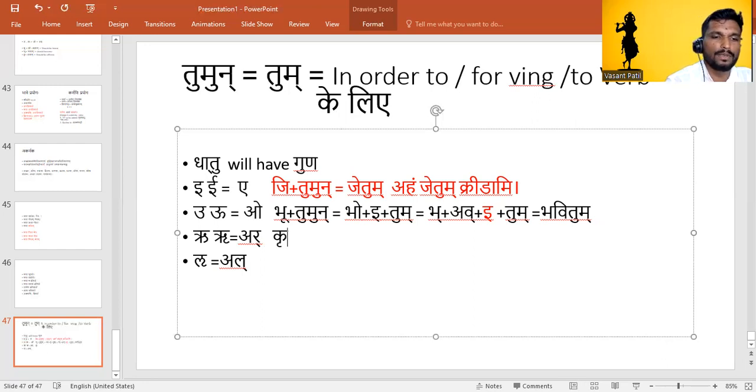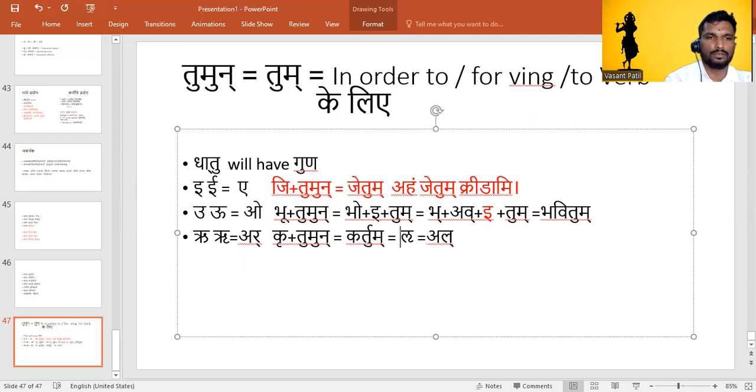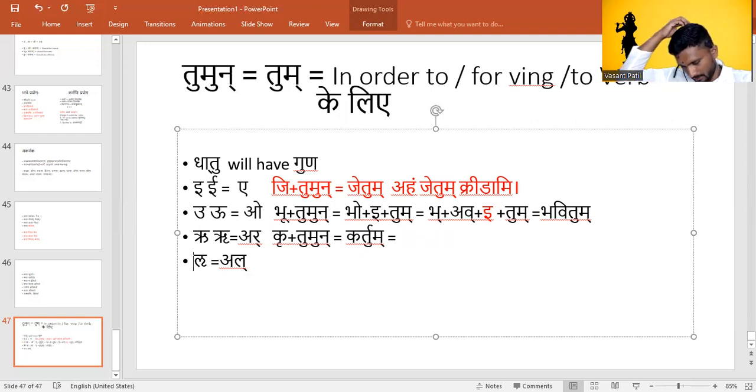Kru dhatu plus tumun pratyaya. It will become, ru will become ar. So, kar and tum. Kartum. In order to do. Aham bhojanam kartum ichhami. I wish to make food. Okay. Kartum. In order to do.